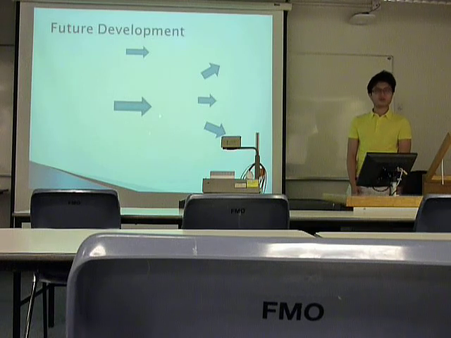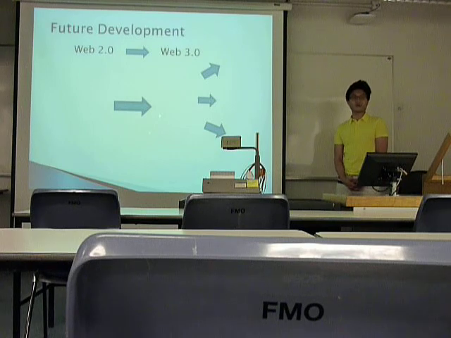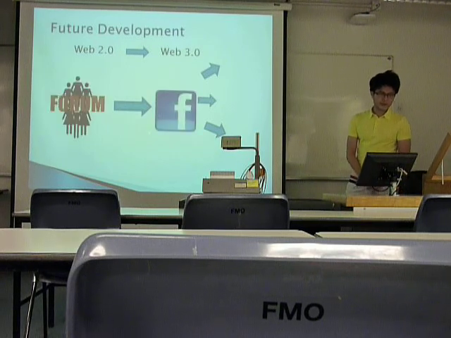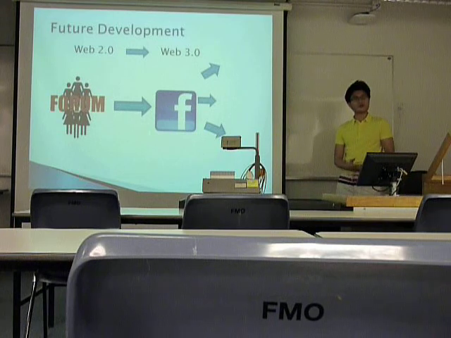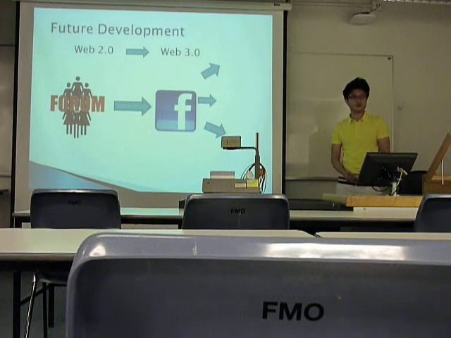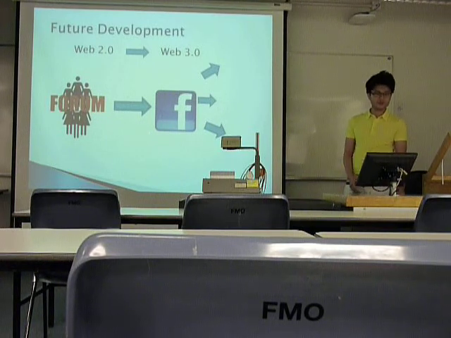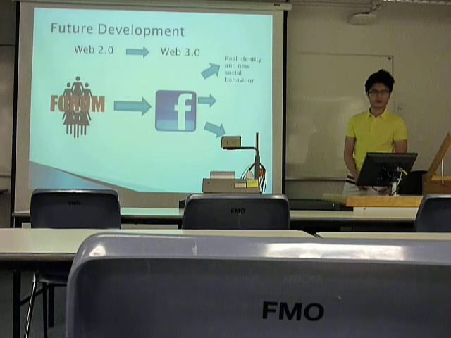So what about the future development? We believe that we will move from Web 2.0 to Web 3.0. For example, in Web 2.0, you went to forums to share news and data with each other. But nowadays you use Facebook. So what's the difference between 2.0 and 3.0?